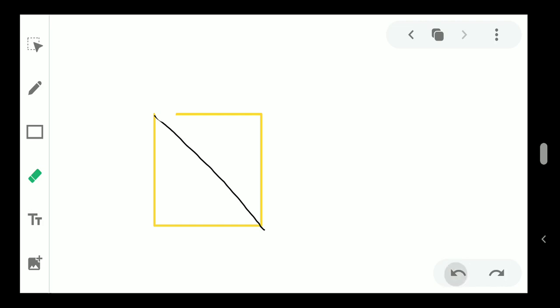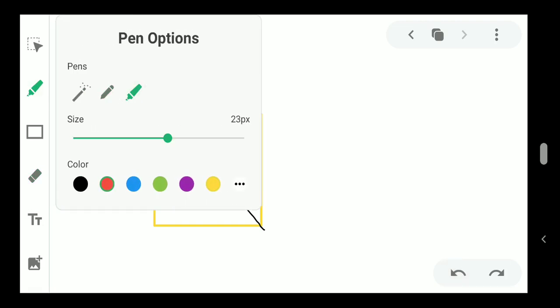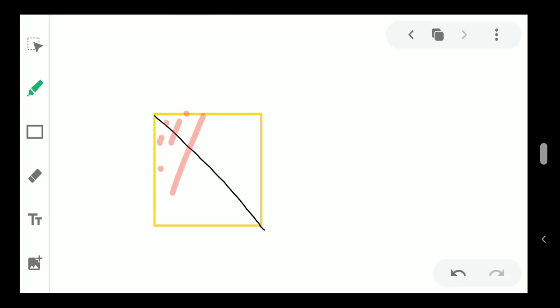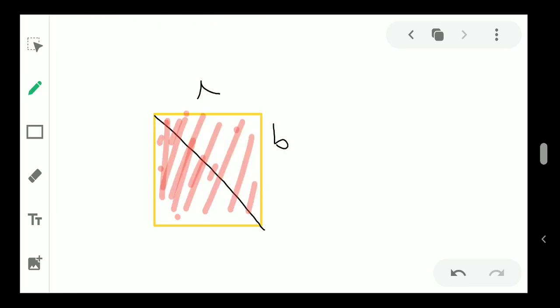If I don't remove the space, what will the area of the total rectangle be? If I talk about this whole space, that is the area of this rectangle, it would be length into breadth, because if this is the length and this is the breadth, the area for the full square will be length into breadth.